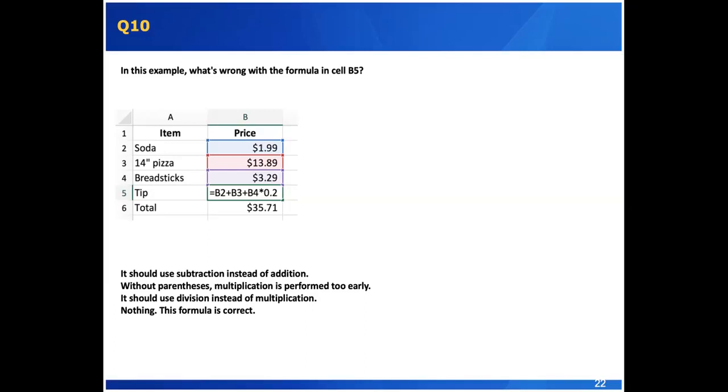What is that, Atulya? You're saying the options are not accurate. The options are accurate, 1, 2, 3, 4 is what you can say. So this is about a restaurant bill where you have soda, 14-inch pizza, breadsticks, and tip. Tip is what you give to the waiters, right? And a total.